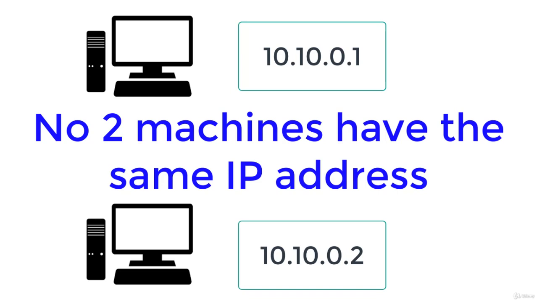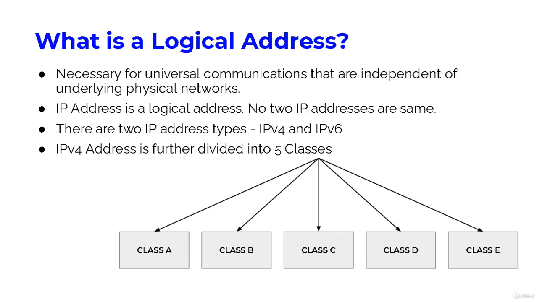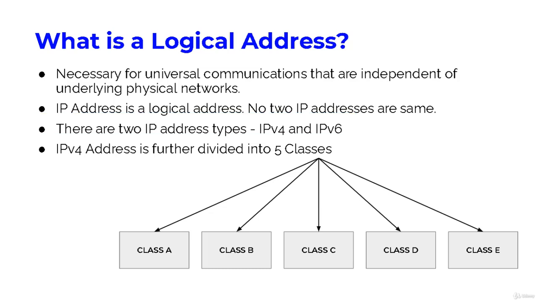In the same way, no two uniquely identifying devices can have same IP address. There are two types of IP address, IPv4, which means IP address version 4, and IP address version 6. IPv4 is further divided into 5 classes, class A to class E. We are going to discuss about these classes in the upcoming lectures.